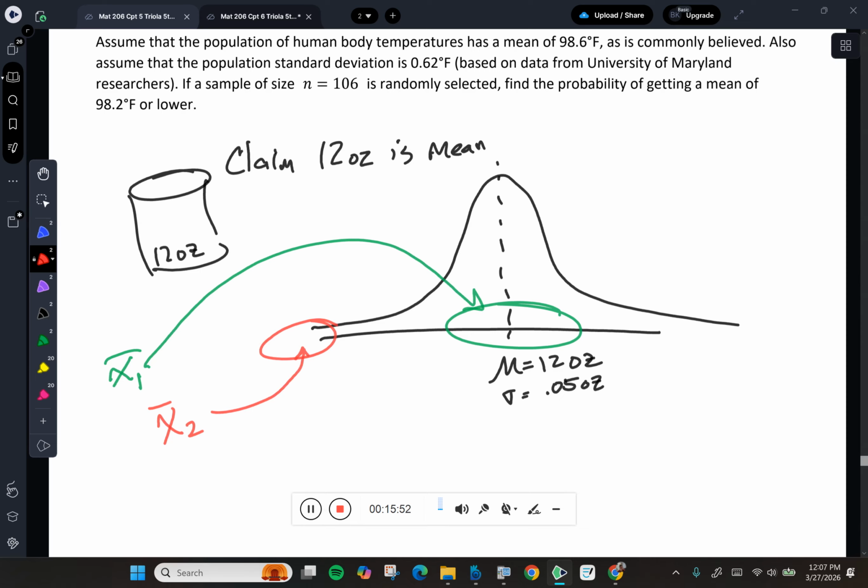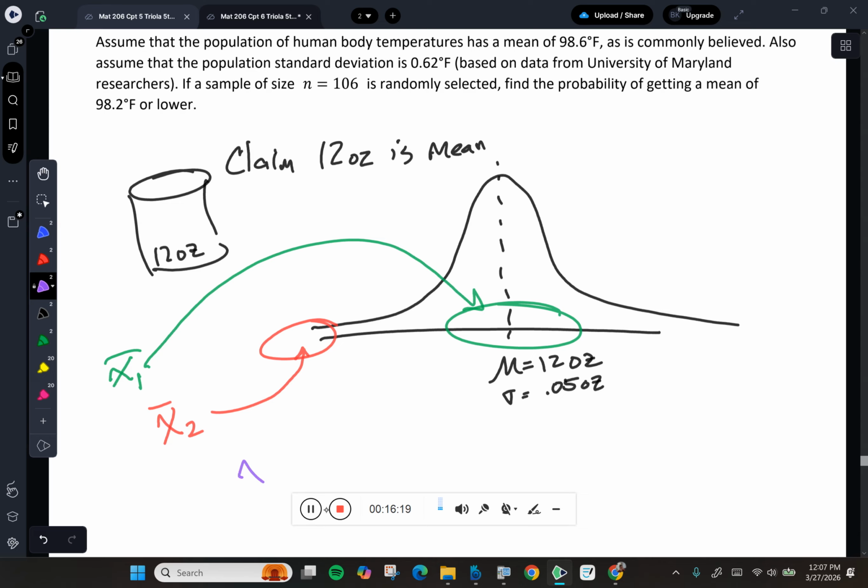and I got a value that was way over here somewhere? That's really far from the middle. Now I'm going to start to wonder and go, hey, should I have gotten that? What's the probability that I would get that value from a sample? If the probability is sufficiently low, one could make an argument that maybe the machine isn't putting 12 ounces in.